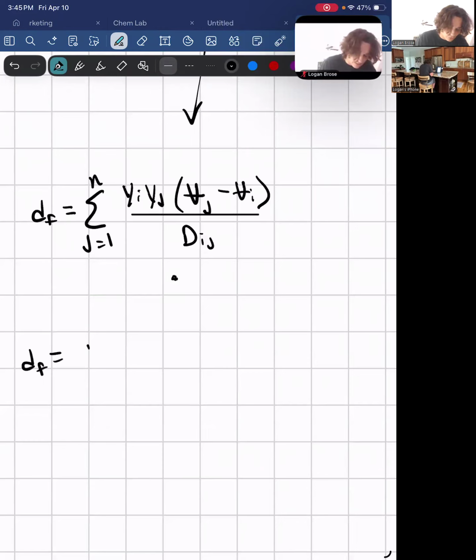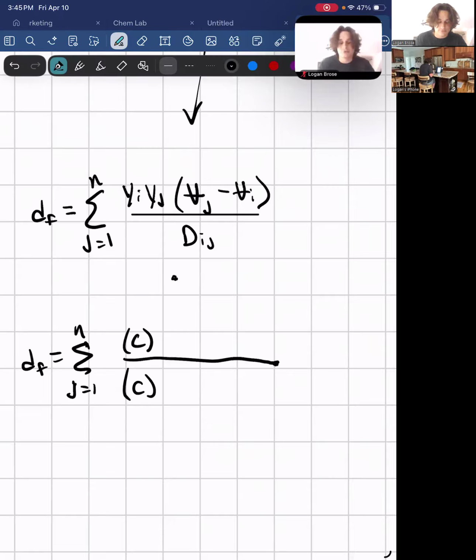When you do this, you have to multiply both the top and the bottom, because when you multiply both the top and the bottom, it doesn't affect the equation output. That would end up being 1, right? So we keep our yi, yj times our vj minus vi, and now it is concentration times Dij.